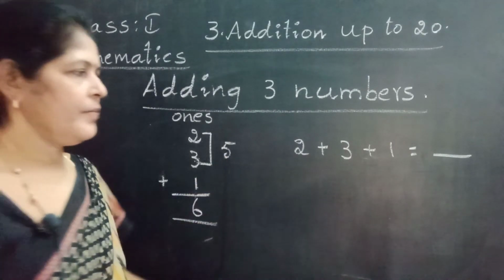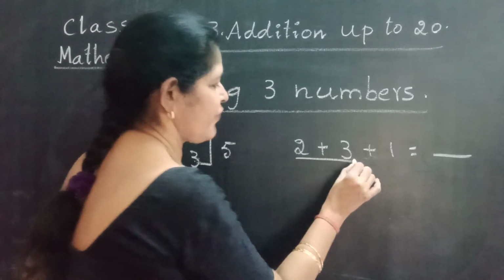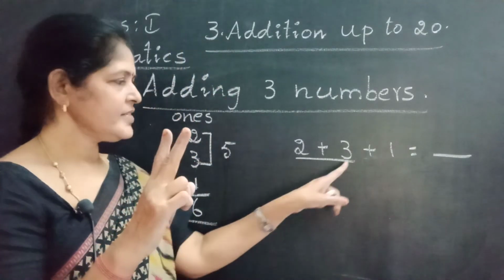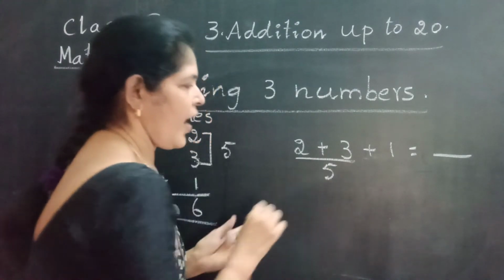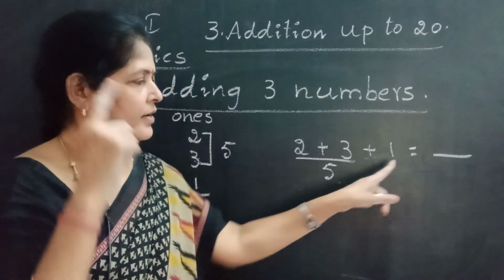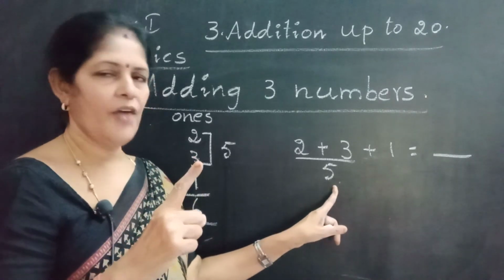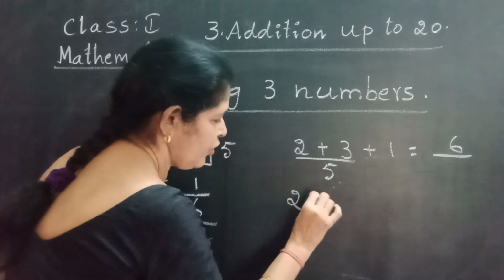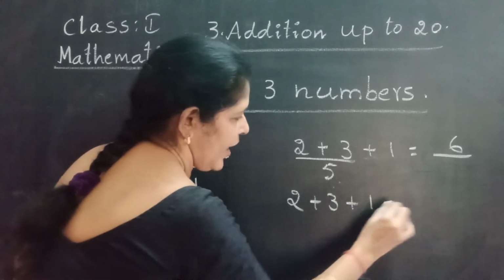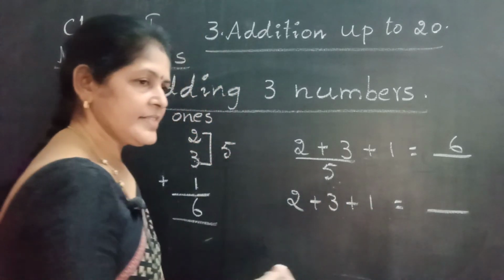Understood? Come to here. Here add these 2 numbers first. Take 2 fingers. 3 after: 4, 5. Here the sum is 5. 5 in the mind. Take 1 finger. 5 after: 6. Okay. Suppose we are going to add like this also. We get the same total.